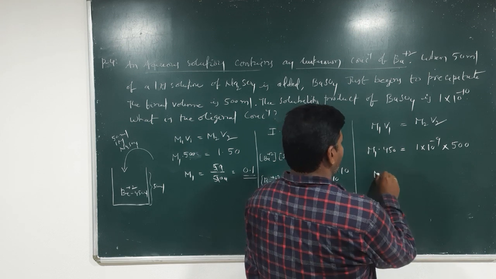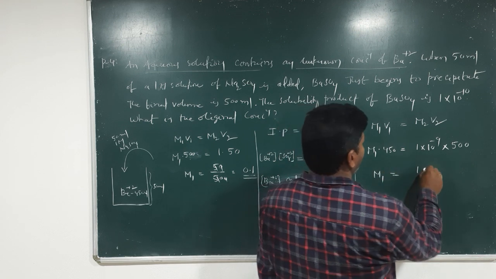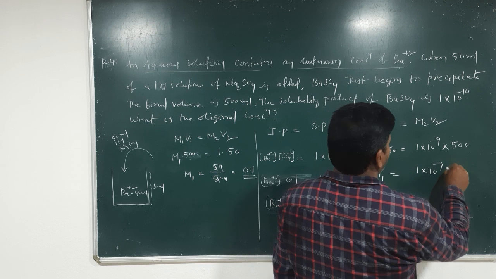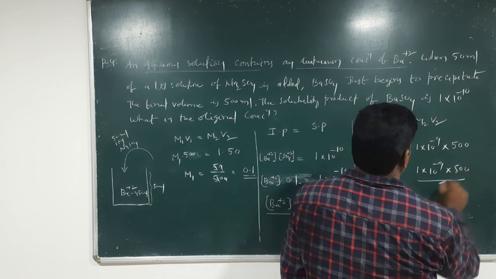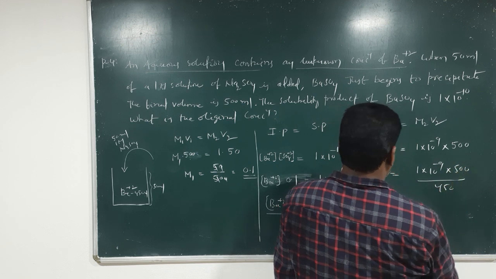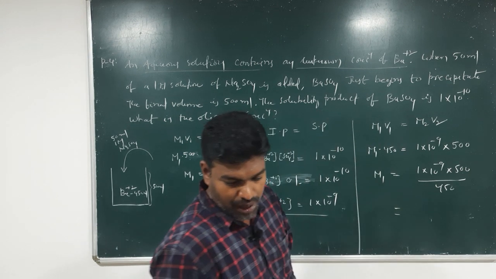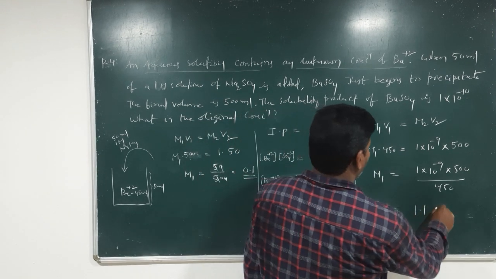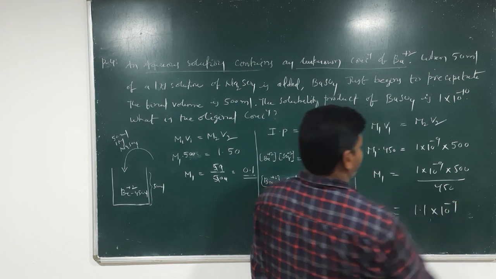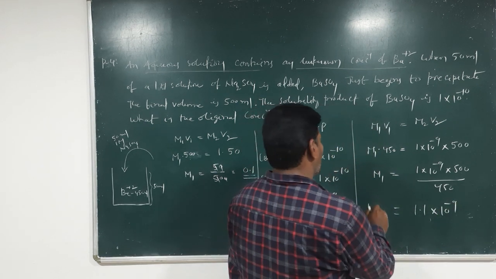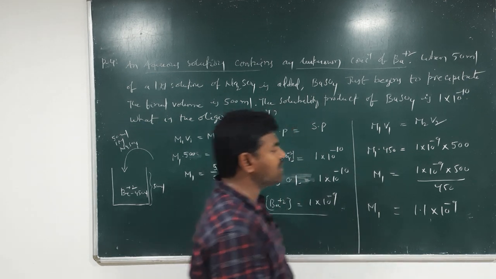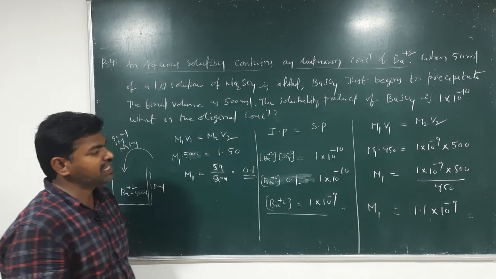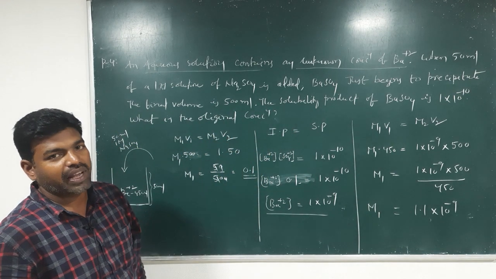So, M1 is equal to 1 into 10 power minus 9 into 500 by 450, which comes out to be 1.1 into 10 power minus 9. So, the initial concentration of barium plus 2 is 1.1 into 10 power minus 9.